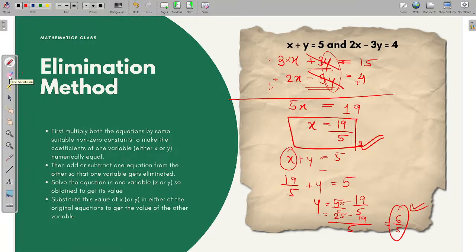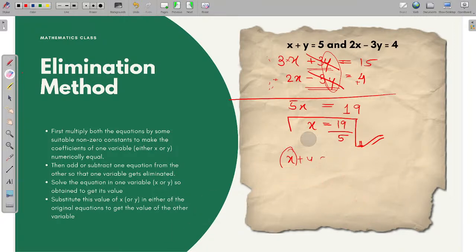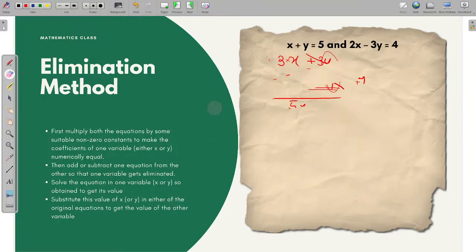Now this is the elimination method. There are no specific types where you have to use only this method to solve the equation. You can solve any equation by any method of your liking. Now we'll move on to the third and last method, that is the cross multiplication method. Every method has its advantages and disadvantages.